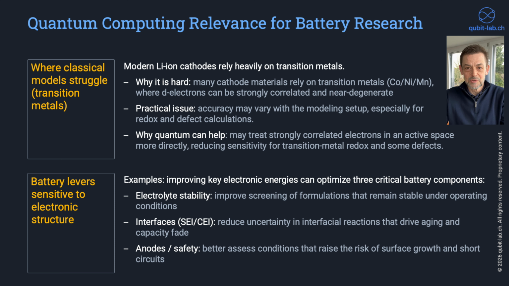If we can improve key electronic energies, it directly affects practical decisions like electrolyte stability, interfacial reactions, and anode safety. The motivation is simple. Better electronic structure accuracy can translate into better screening and better materials decisions.